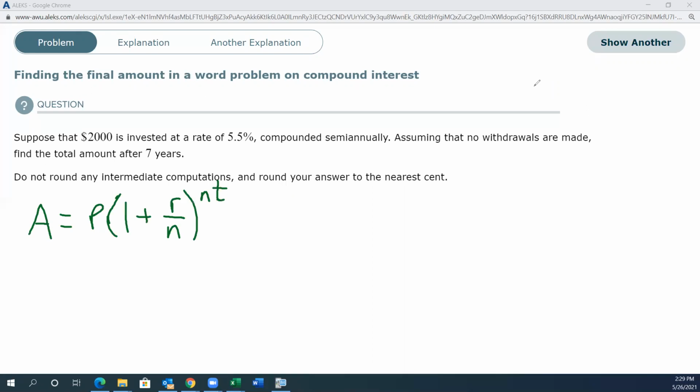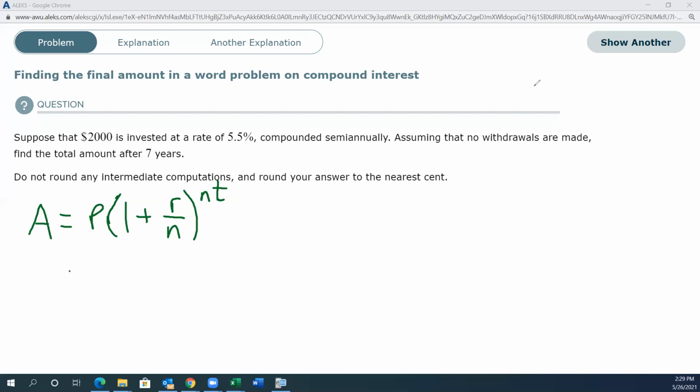P is the principal amount borrowed or loaned, the beginning amount, so 2,000. A is the accumulated, accrued, or final amount. R is the interest rate, no surprise there. T is time, always measured in years. And N is the number of compounding periods in 1 year.